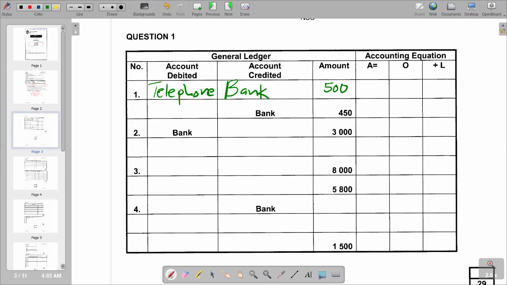Then, telephone is an expense, so it reduces the net profit figure. We put a minus under owner's equity.